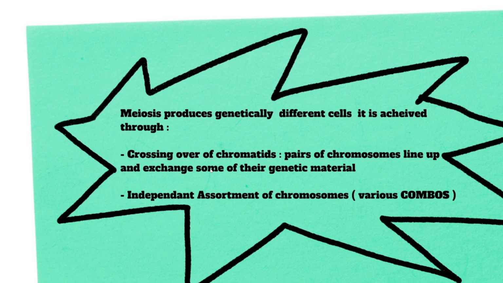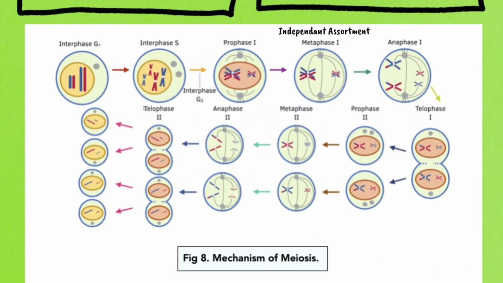Now meiosis produces genetically different cells, and this happens through crossing over of chromatids and independent assortment of chromosomes. We learned about independent assortment, which happens in metaphase one, and the crossing over happens in prophase one. You can see here the crossing over, they combine with each other, mixing up.